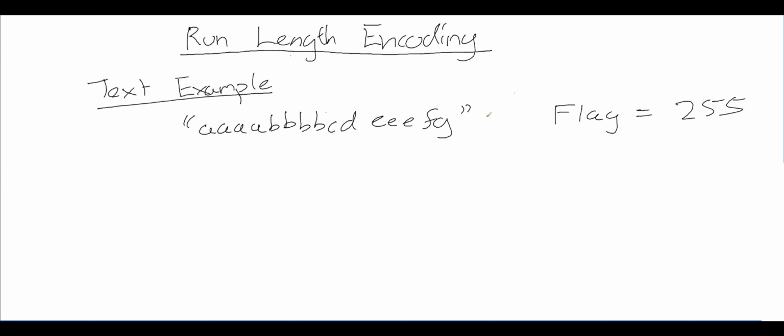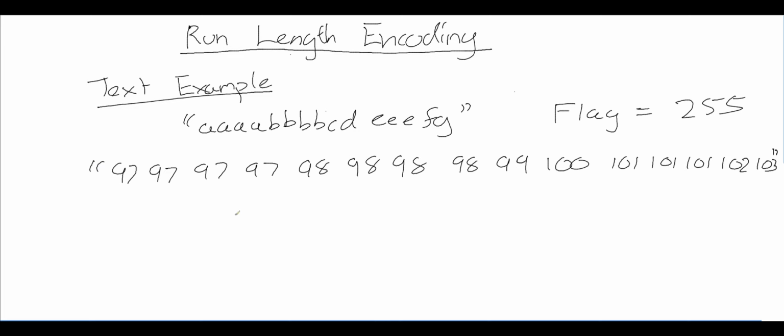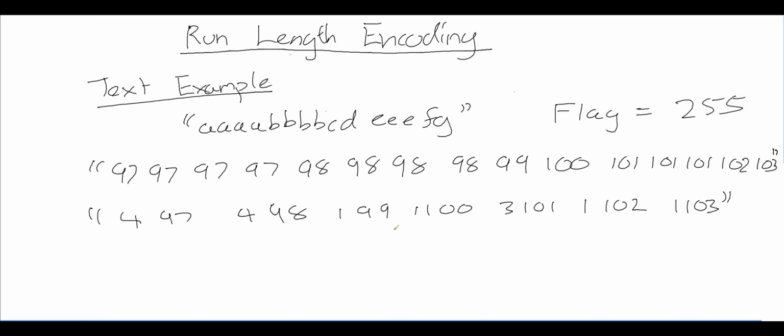If I represented this as ASCII codes, this is what it would look like. And if we apply our basic run length encoding to this, this is what we get.